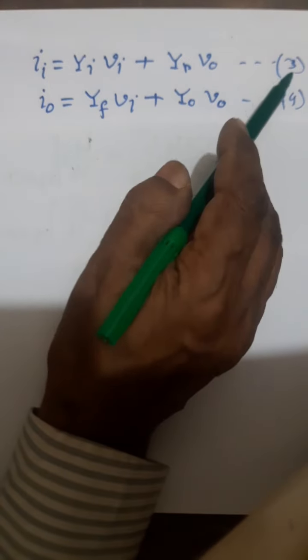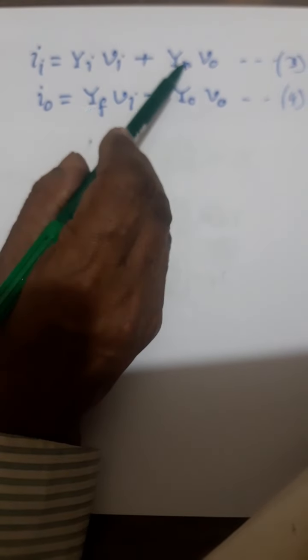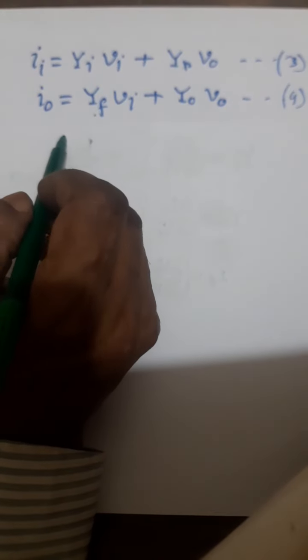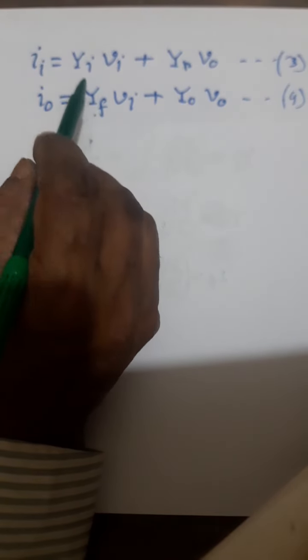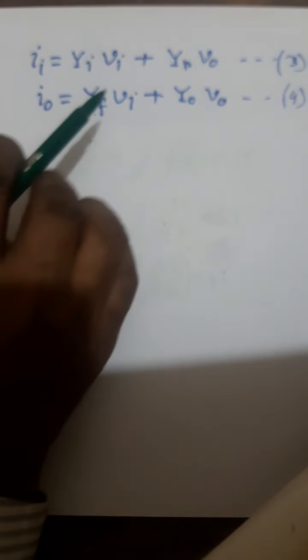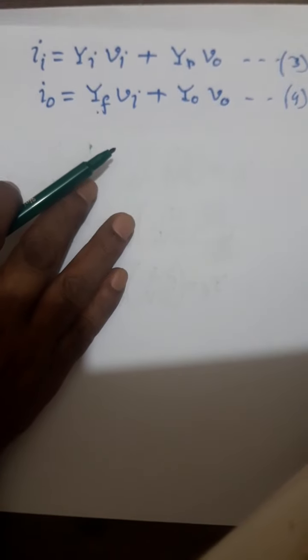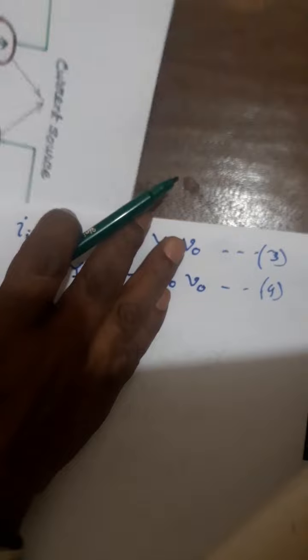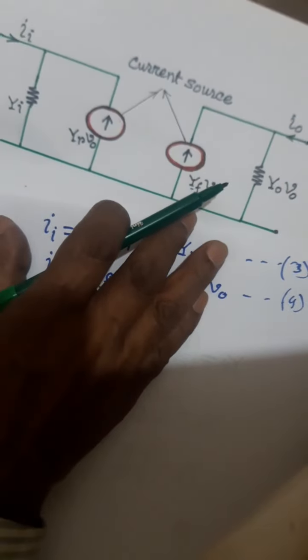In equations 3 and 4, the parameters Yi, Yr, Yf, Yo are admittance parameters, and the equivalent circuit is shown here.